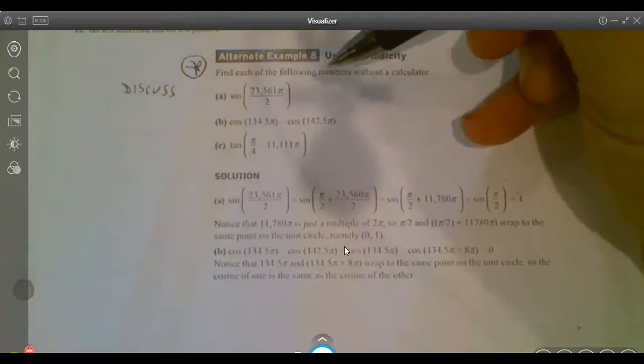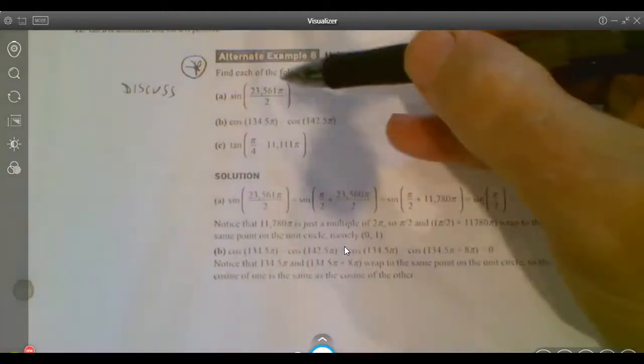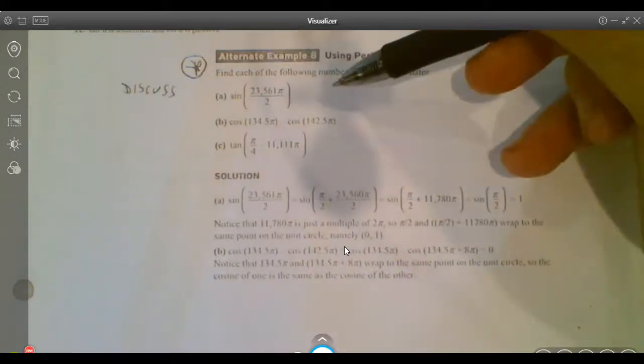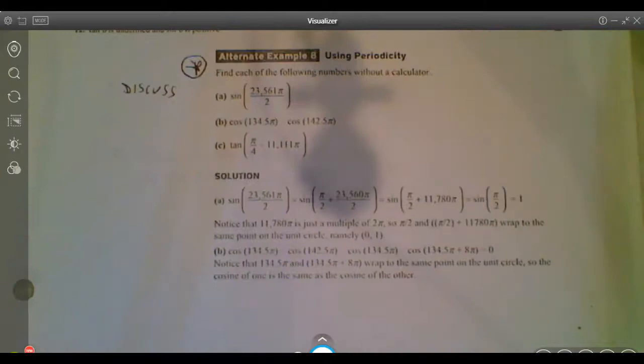If we are looking to evaluate things without a calculator, what happens if they give us some crazy huge sine value like this, right? One of the things that we can do, when they give you something super outside of one lap around the circle, is shrink this down to put it into familiar terms. Obviously, if one circle goes from 0 to 2 pi, this is way beyond one circle, right?